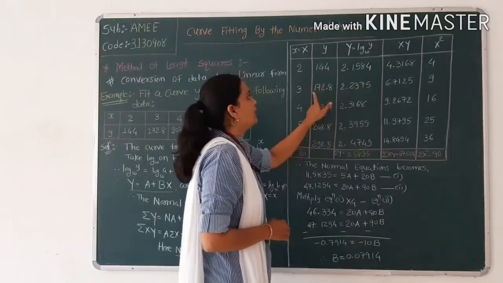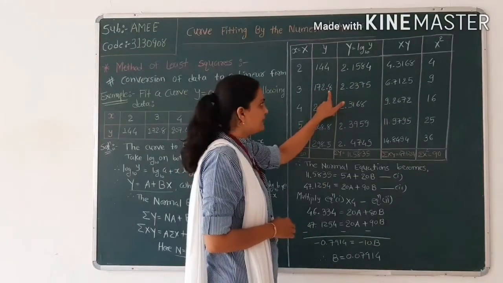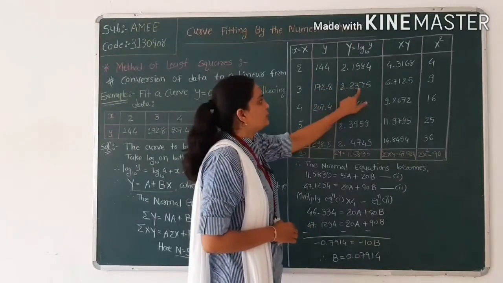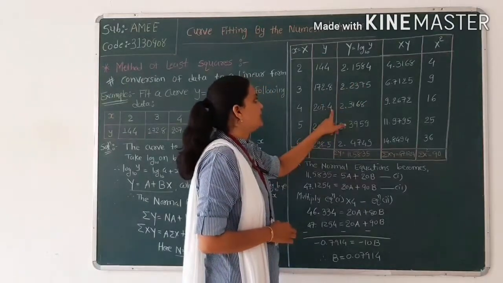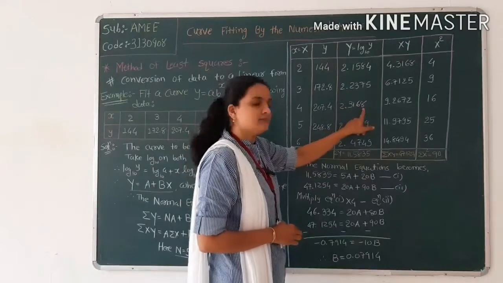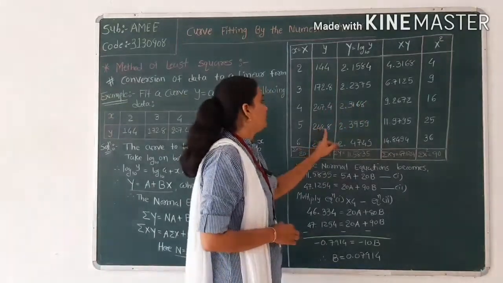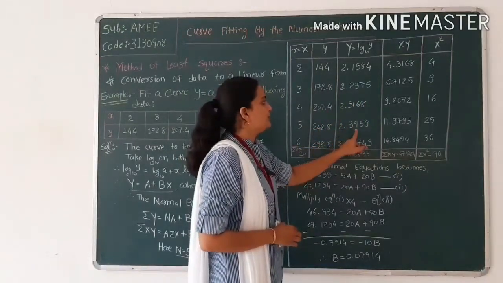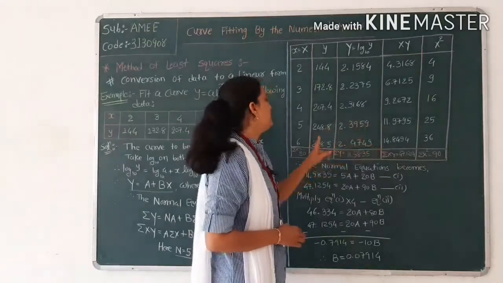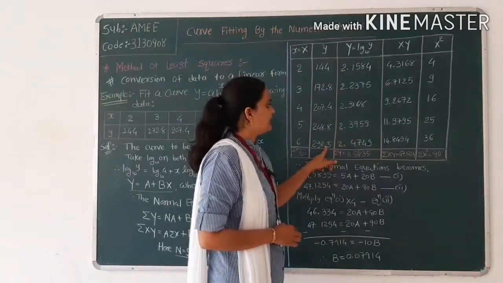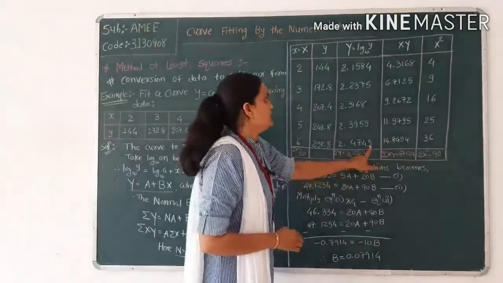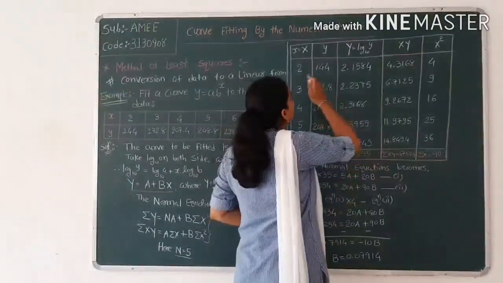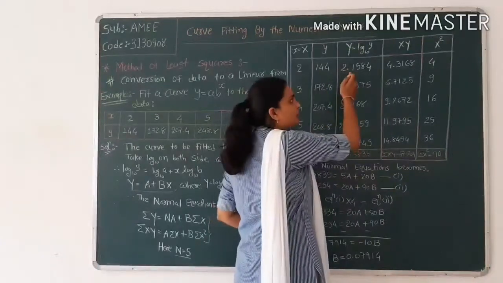In the same way log 172.8 gives 2.2375. Log 207.4 is 2.3168. Log 248.8 is 2.3959. Log 298.5 is 2.4749.